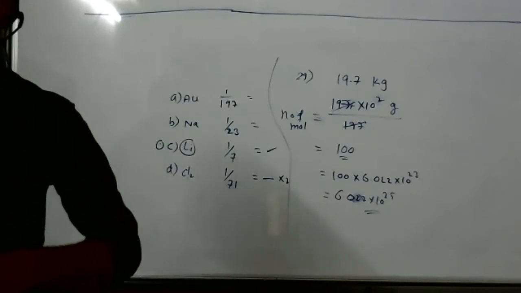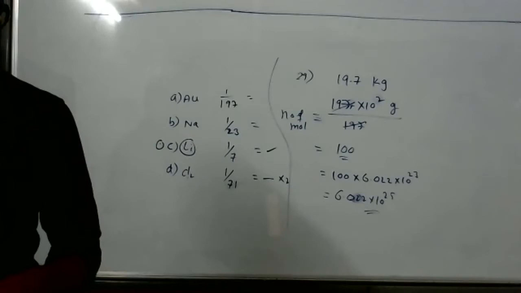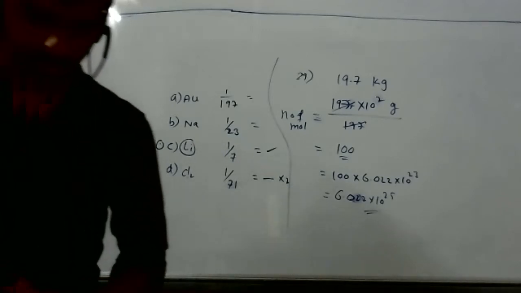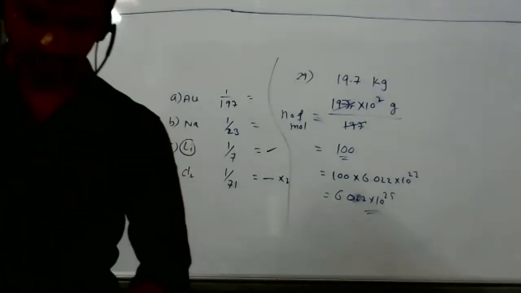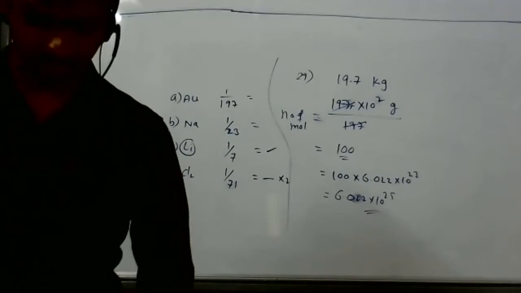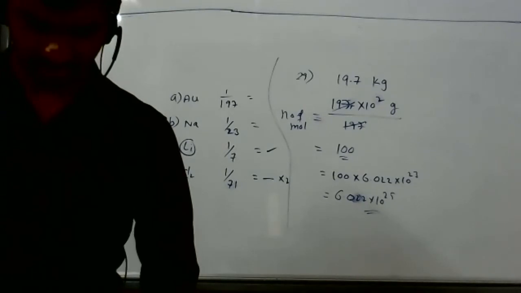Next, Anirudh. Yes, sir. Which of the following pairs contain equal number of atoms? A: 11.2 cc at STP of nitrogen and 0.015 grams of nitric oxide.